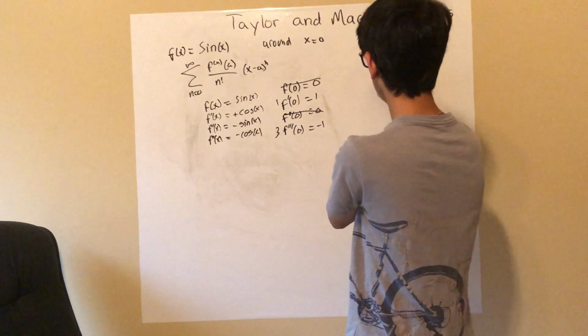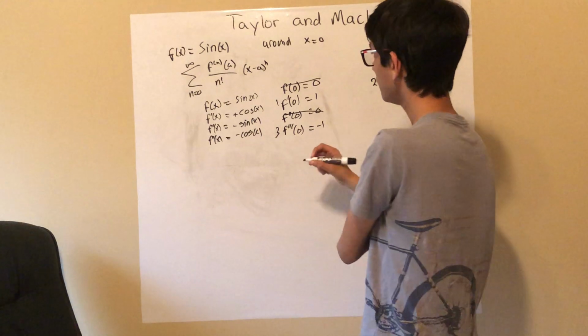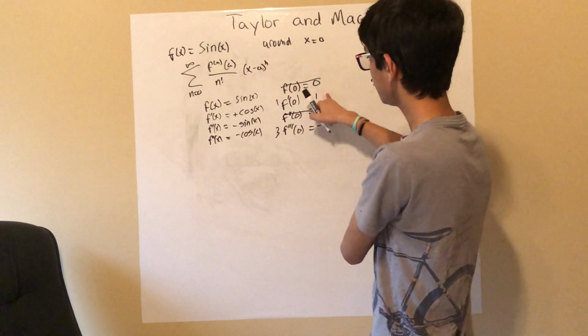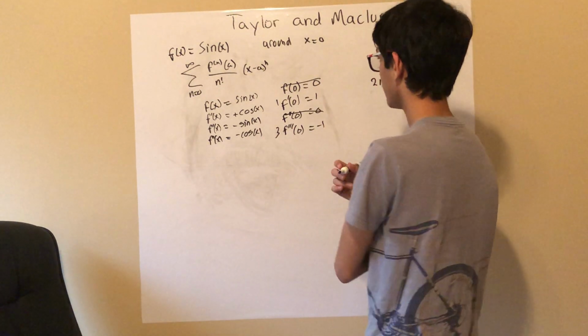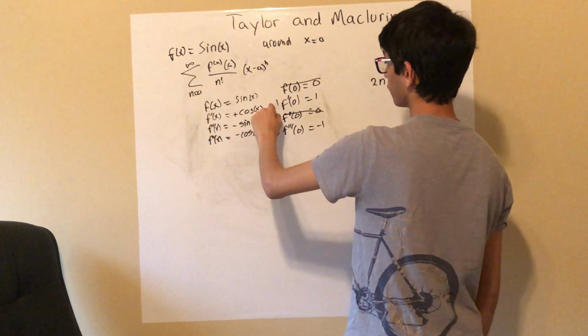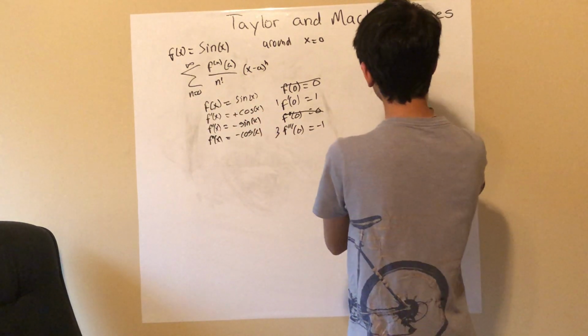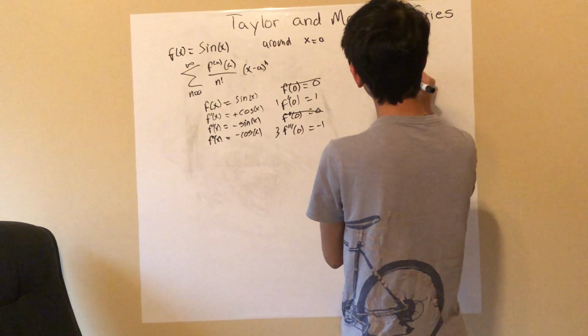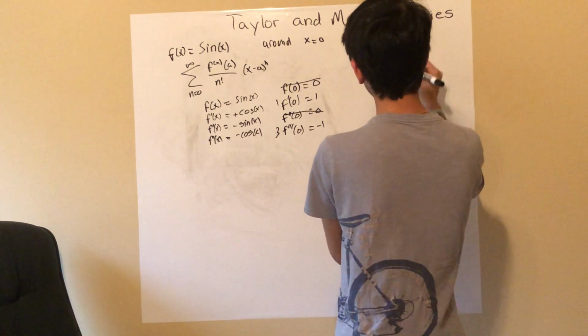So you see that you'll need 2n, but we're going to be shifting it up 1, right? Because when you plug in n equals 0, you want the first number here. So now you're going to be getting 2n plus 1 factorial.